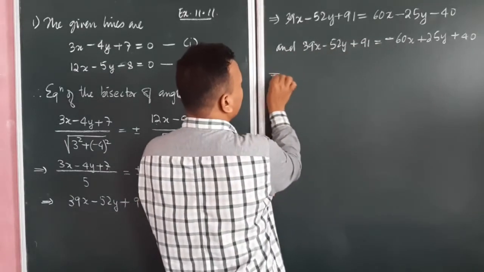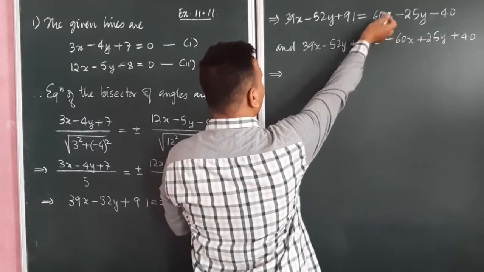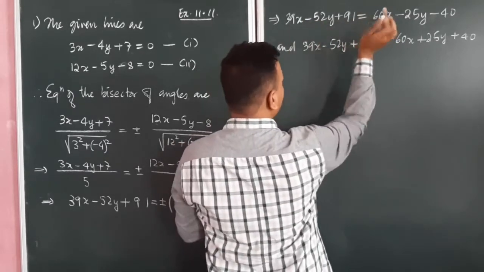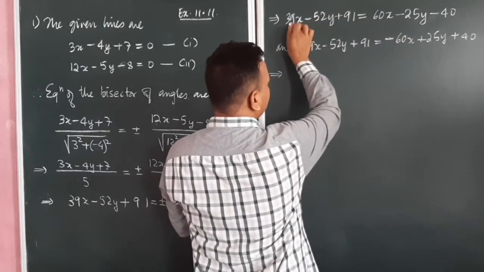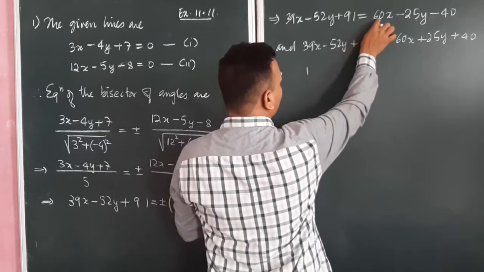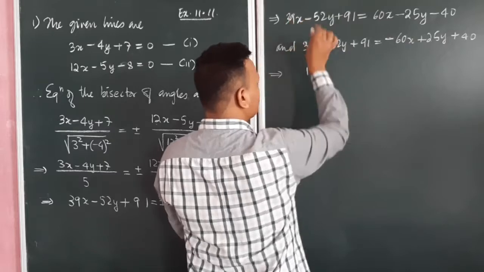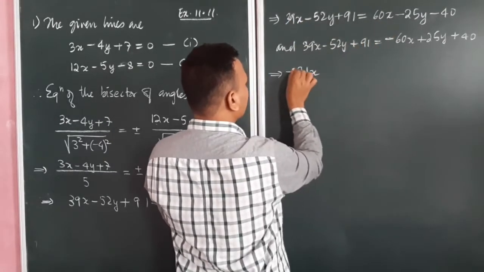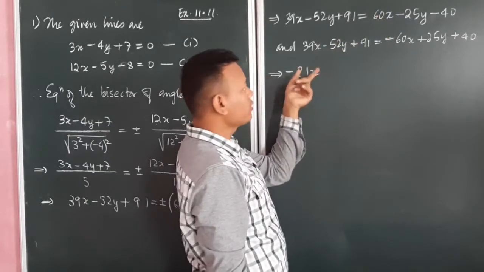Let me get everything onto one side. So 39 minus 60: the bigger one is 60, and 60 minus 39 is 21, but since the bigger term is negative, it is minus 21x.